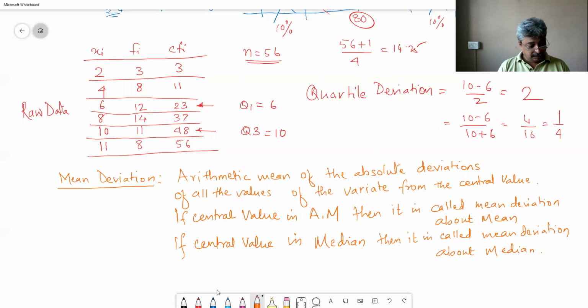So let us see the formula to do this. The formula is very obvious.